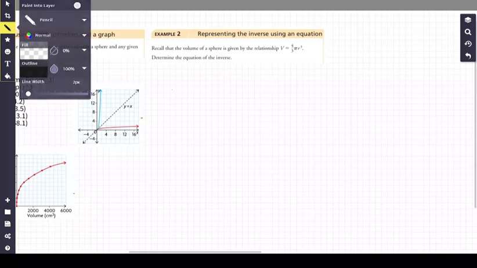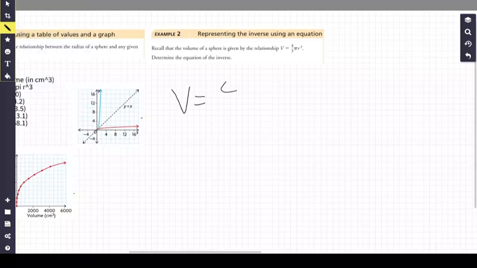So V is equal to 4 over 3 pi r cubed. We got that down. We want to isolate for r. Let's multiply V by 3 so we get rid of the fractions.